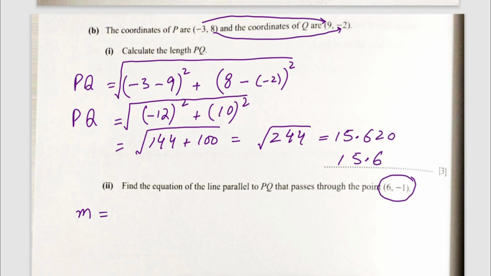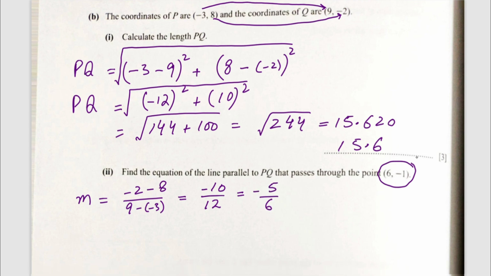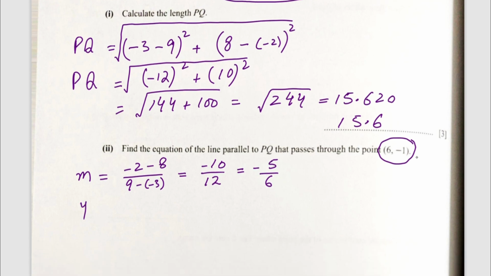So the gradient of line PQ, m, will be equal to, here are the points P and Q, (y2 - y1) over (x2 - x1): (-2 - 8) over (9 - 3). So -2 - 8 is -10, and 9 + 3 is 12. Both come in the table of 2, so -5 over 6. So this is the gradient. Now we will use the standard equation y - y1 = m(x - x1).